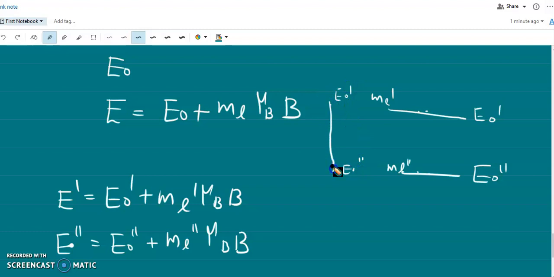So when the atom radiates in the absence of field, there will be only this line having energy E0 prime minus E0 double prime, and the corresponding frequency nu is this energy difference divided by h.